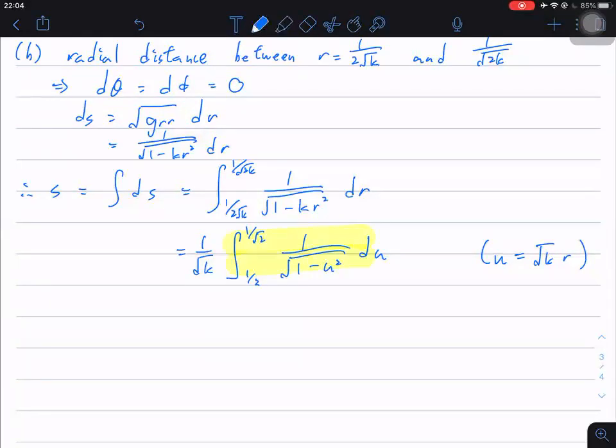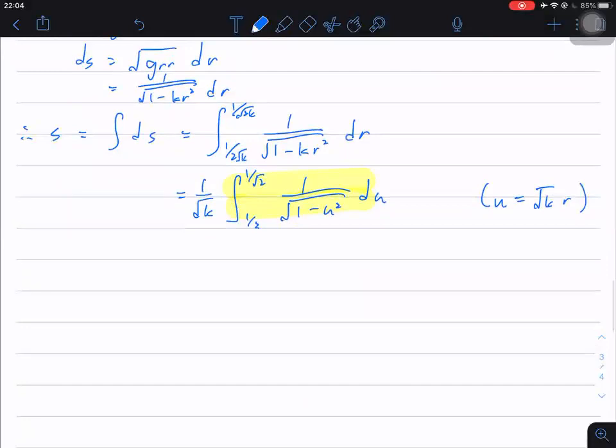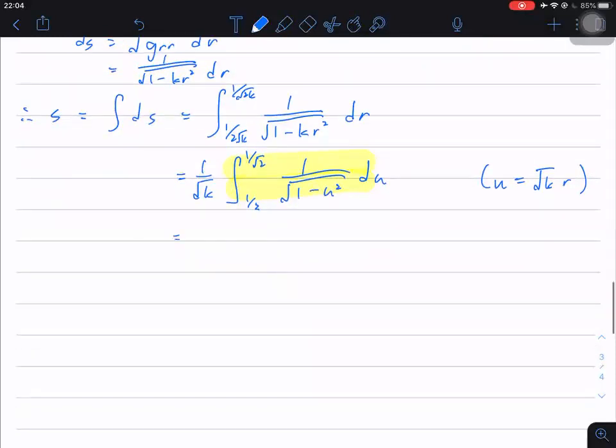And it should be familiar to you guys, because the result is just 1 over root k times arcsine u, with lower bound 1 over 2 and upper bound 1 over root 2.